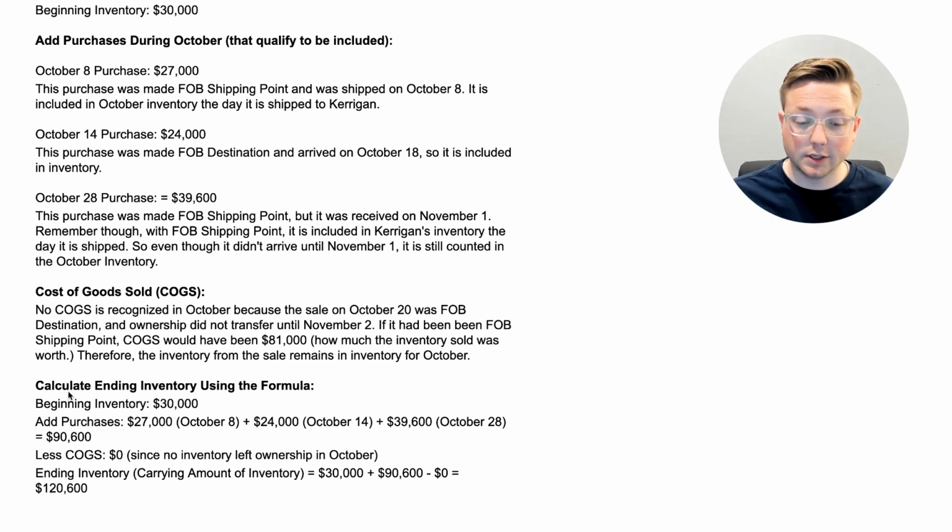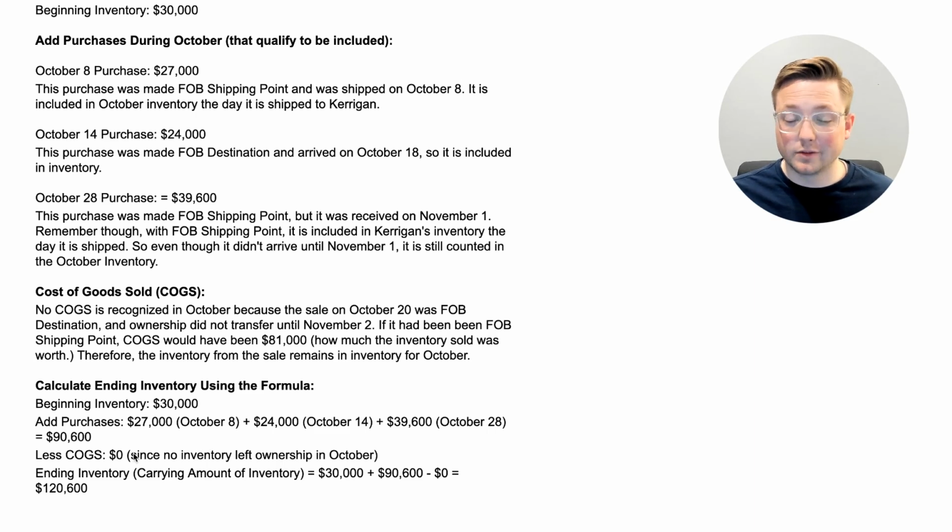The ending inventory calculation. We take the beginning inventory, we take all the purchases that did, in fact, get included. So 27,000 from October 8th, 24,000 from October 14th, 39,600 from October 28th, and that gets us $90,600 of purchases. Now, again, because the October 20th sale was FOB destination, it's still going to be considered a part of the inventory.